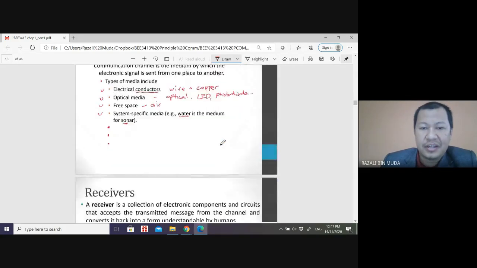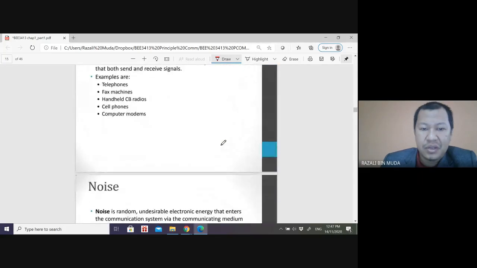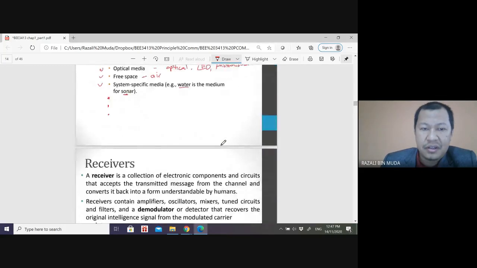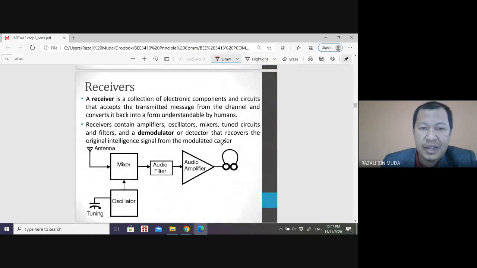Okay, so the next is receiver. Receiver is a collection of electronic components and circuits that accepts the transmitted message from the channel and converts it into a form understandable by humans. So the receiver is a collection of electronic components and circuits, same like the transmitter, a mix of various components and circuits.